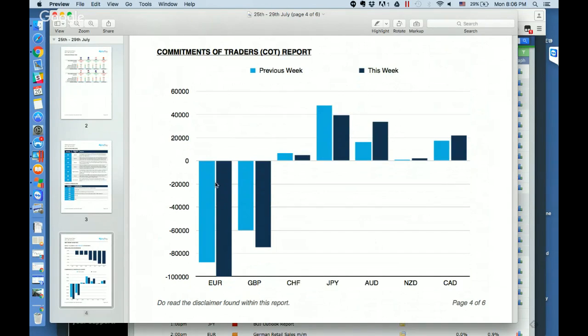You can see euro and pound overall net short has increased, meaning traders are adding on to their short positions. That's why we continue to be very bearish on euro as well as pound. And if you look at Aussie, Kiwi, and Canadian, they actually increased in terms of positive position.